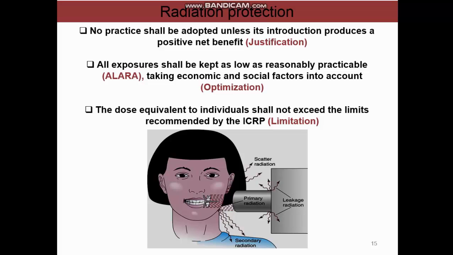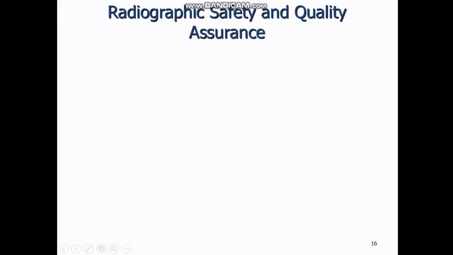Ionizing radiation is the subject of considerable safety legislation designed to minimize the risk to radiation workers and to the patient, and the International Commission on Radiological Protection regularly publishes data and general recommendations based on different principles, as you can see here in this picture.